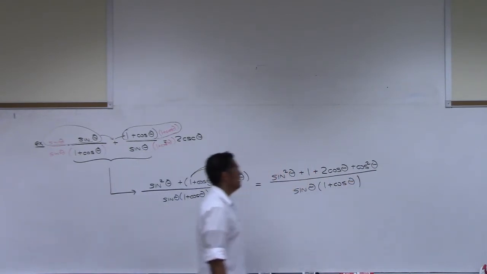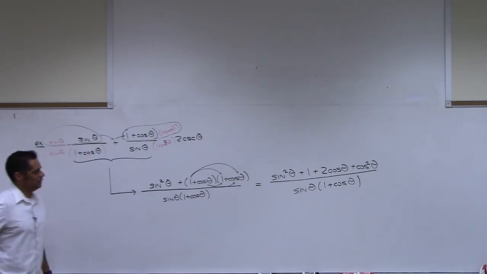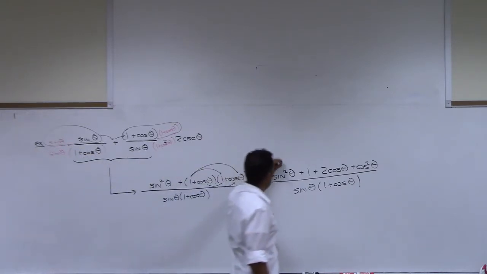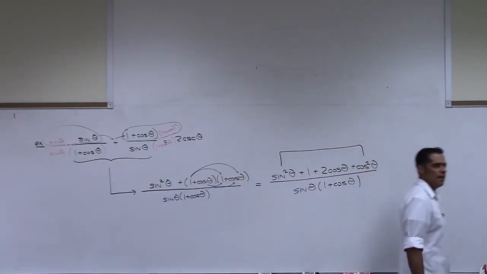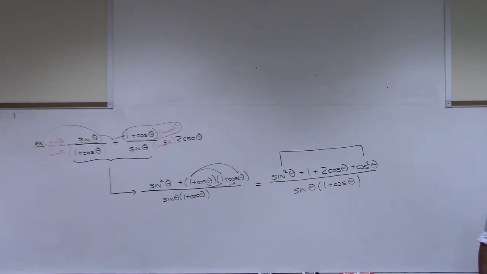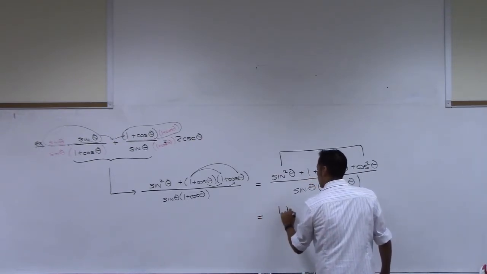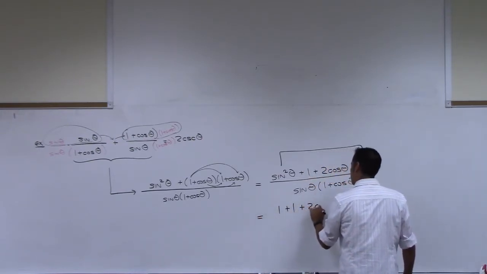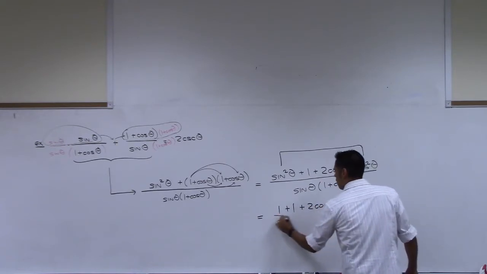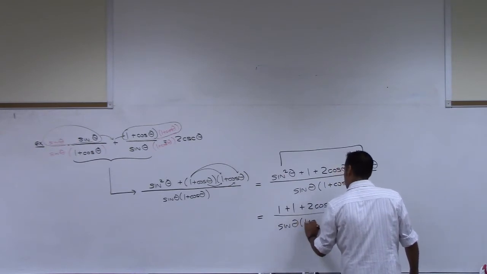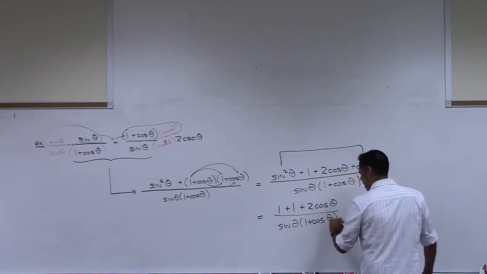Okay, sine squared theta plus cos squared theta would be 1. These two together, if I rearrange that, that's a 1, isn't it? Everyone see that? Sine squared theta plus cosine squared theta is 1. So now I have 1 plus 1 plus 2 cosine theta over sine theta times 1 plus cosine theta.